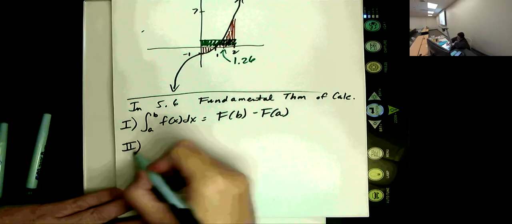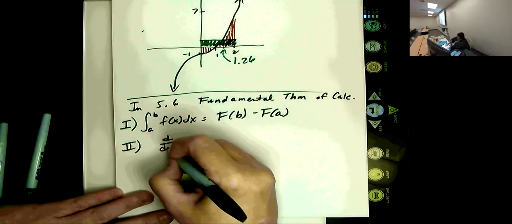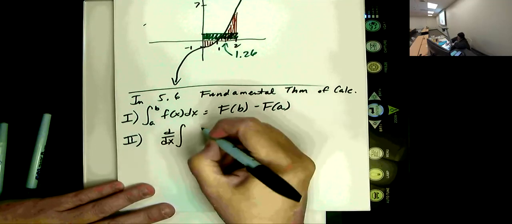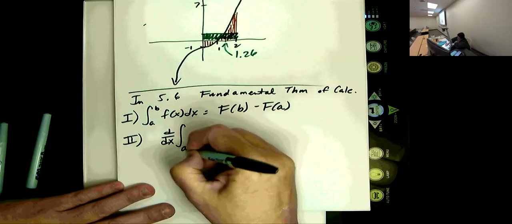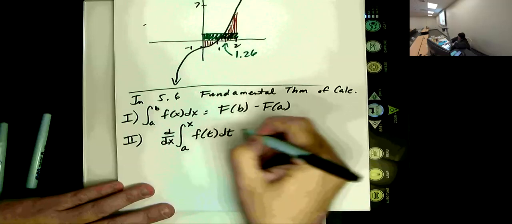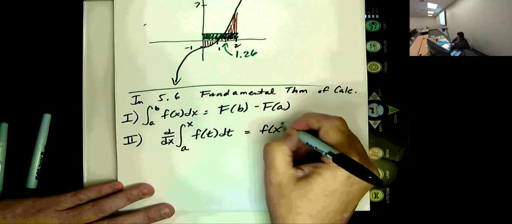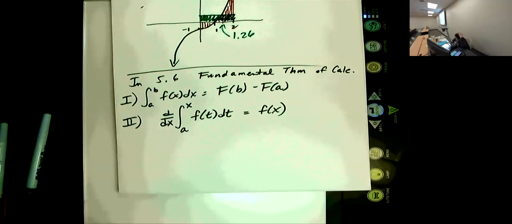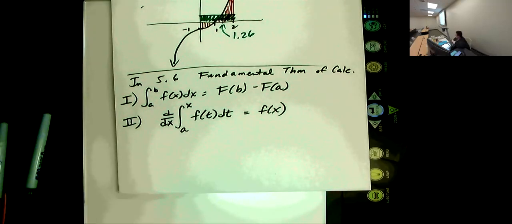Part 2 was the derivative with respect to x of the integral from a to x of f of t dt equals f of x. That's the one I want to revisit right here. So let's revisit number 2.